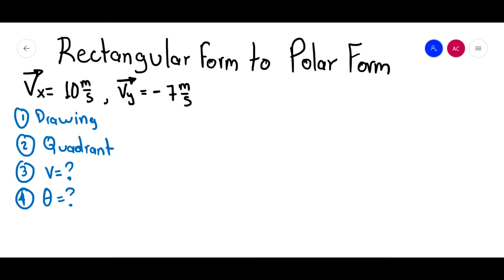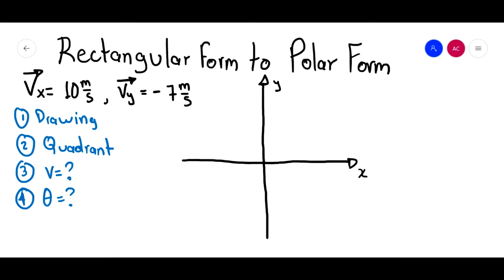I recommend you have your calculator at hand because we are going to use it. The first thing that I'm going to do is draw the vector. So this is the Cartesian plane. Remember that it's not necessary to fill in all the information every time you perform the drawing. I just do it because you are learning this stuff, so the first time that you do it, this is very important.